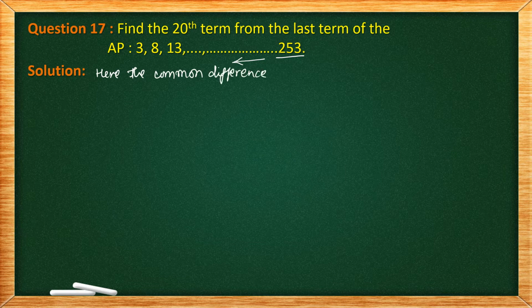The common difference D is equal to A2 minus A1, that is equal to 8 minus 3, which is 5. Now, when we reverse this AP, the common difference will be minus 5.